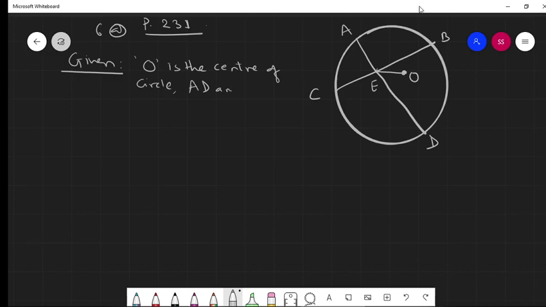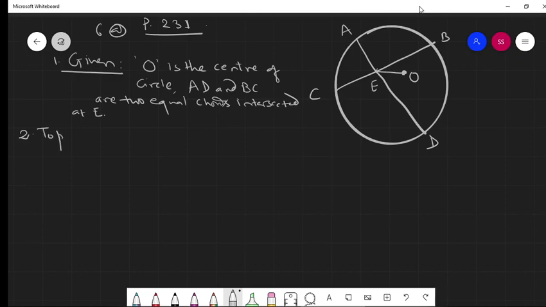AD and BC are two equal chords intersected at E. This is first.